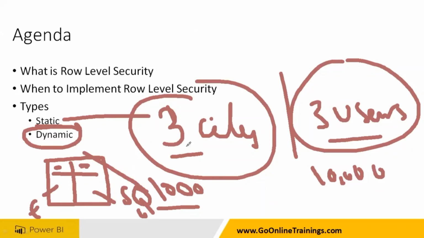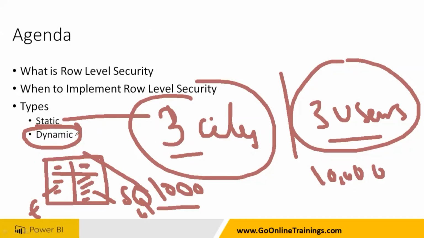We have to have all the cities or whatever you want to filter. I wanted to filter based on city, so I have implemented a city here. If you want to filter based on product ID or country, you should be able to give that data and mention all the user IDs here. Clear? So this is dynamic level security.